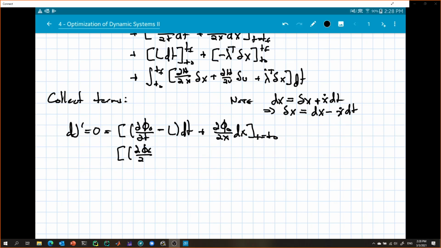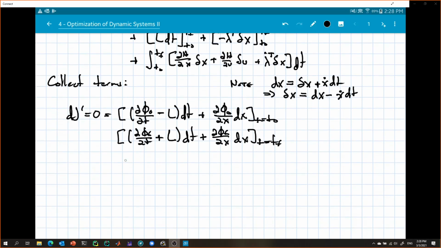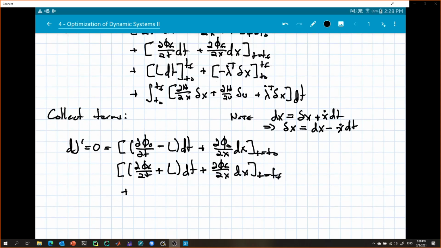We do the same thing at the final point, but this time it's a plus. And then I'm applying that note within this term here.